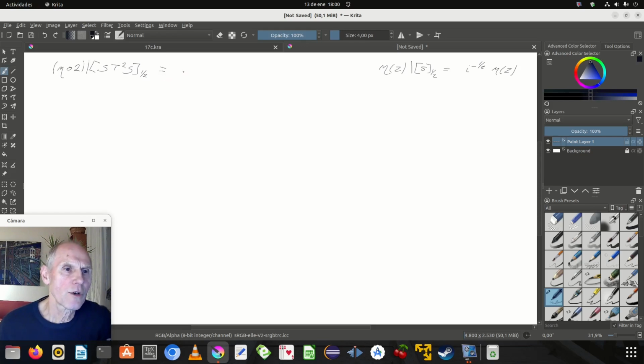So let's get the show on the road. It's 2 to minus 1/2, i to minus 1/2, eta composed with the reciprocal of 2 and then t squared, and then we still need to operate with s on it.